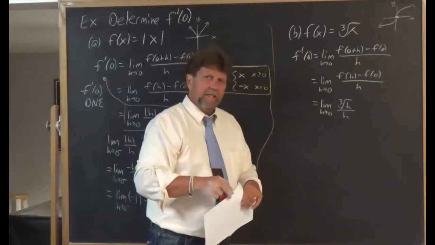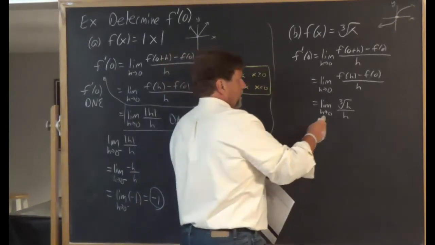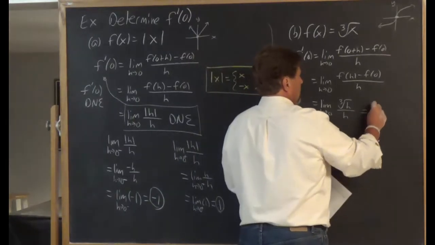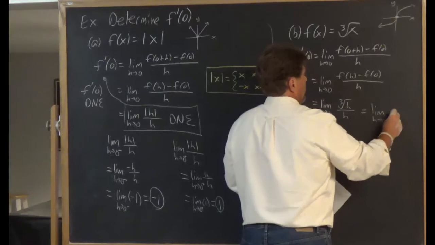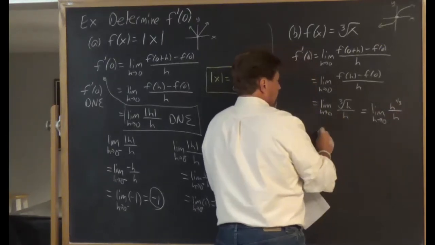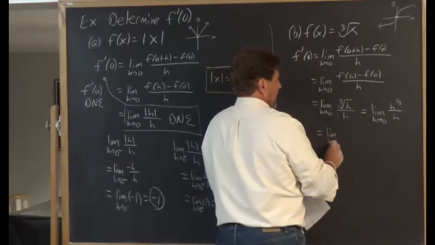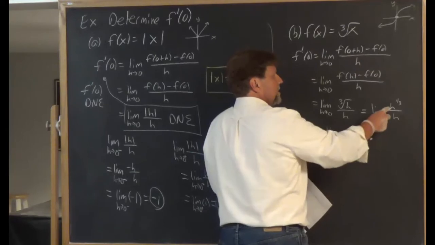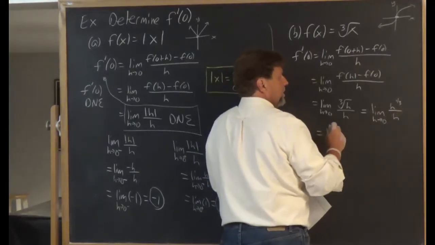Well, I think we could simplify this. Let's see, cube root of h, I can rewrite that as h to the 1/3. And then there's an old rule of exponents that says when the bases are the same and you're dividing, you subtract the exponents.